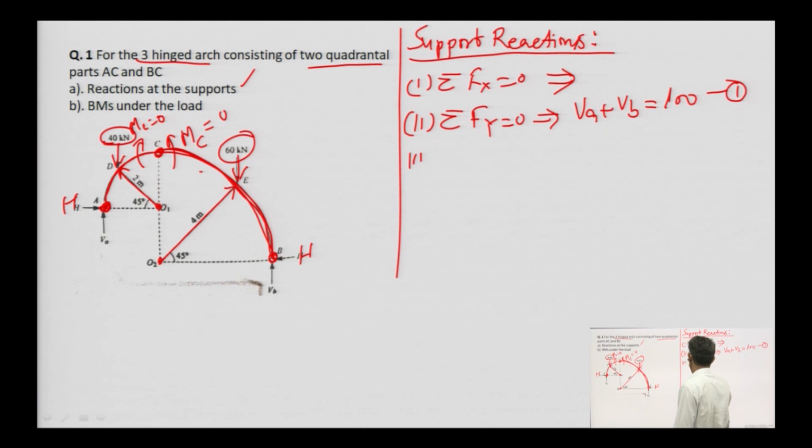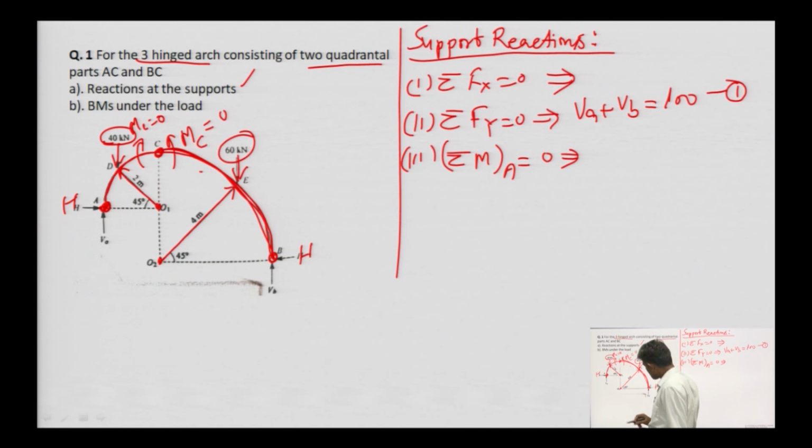Third equation is equilibrium, sigma M about any support point, say A, is equal to 0. What will we get at point A? We will get V B into the total horizontal distance.